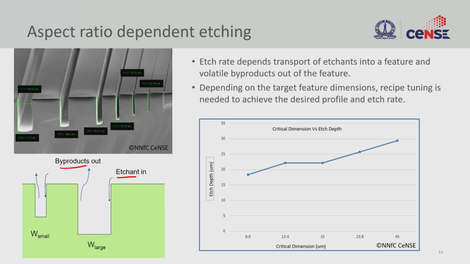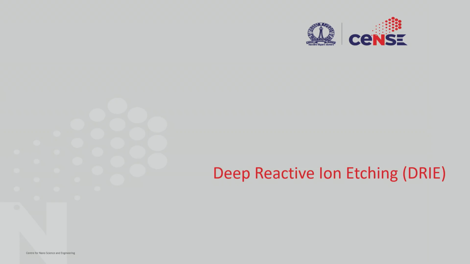On the right side you can see the critical dimension. Let's say this is the width. As you increase the trench width, you increase the etch depth. So this is indicating that your etch rate is much higher in lower aspect ratios.